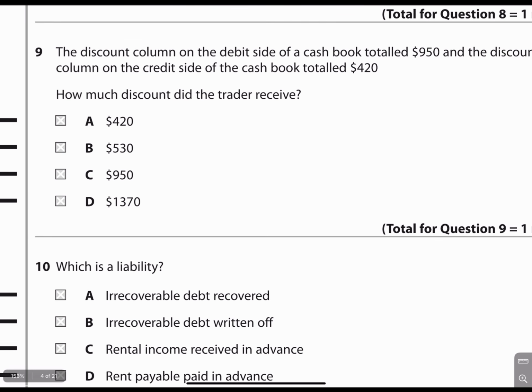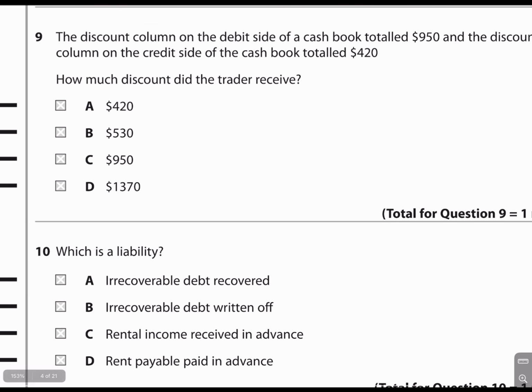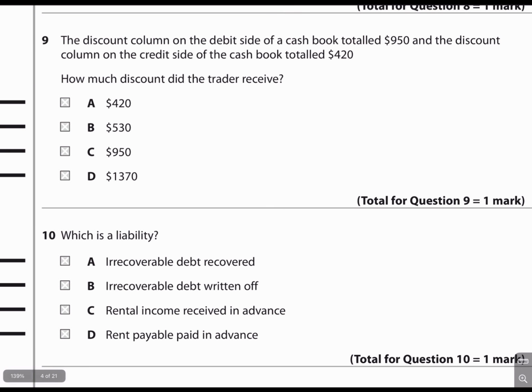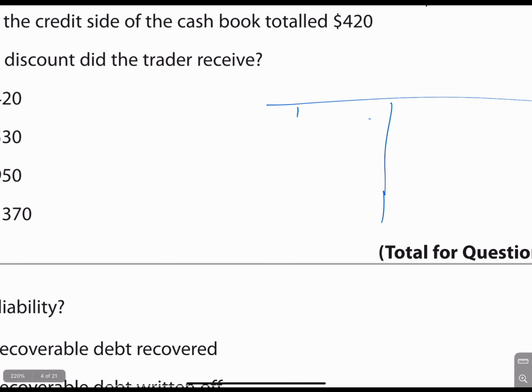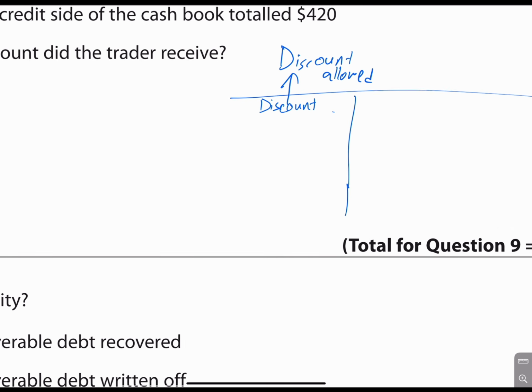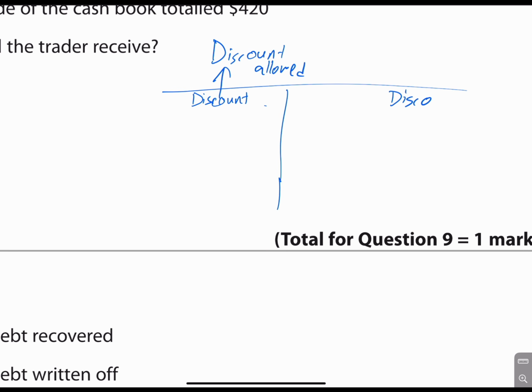Now number 9, the discount column on the debit side of a cash book totaled 950 and the discount column on the credit side of the cash book totaled 420. Now when we do a cash book, on the left side the discount column shows discount allowed, and on the right side it shows discount received.